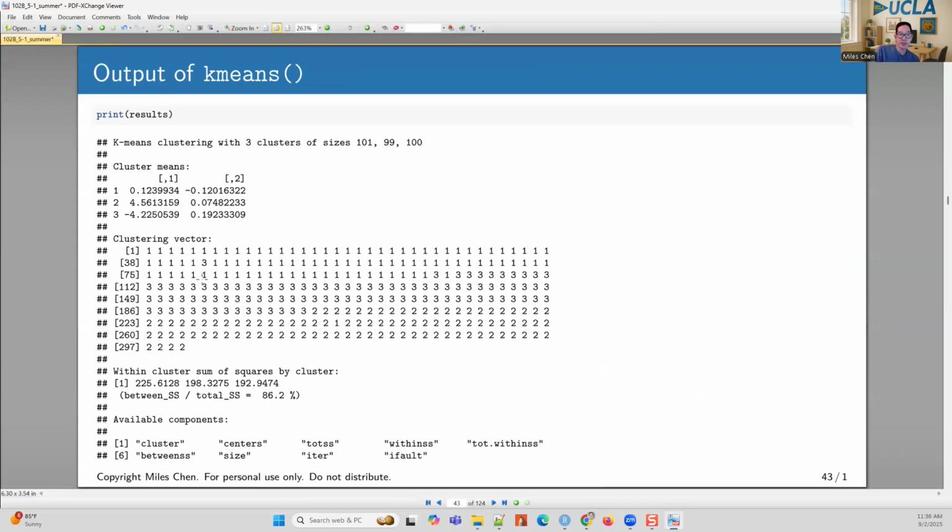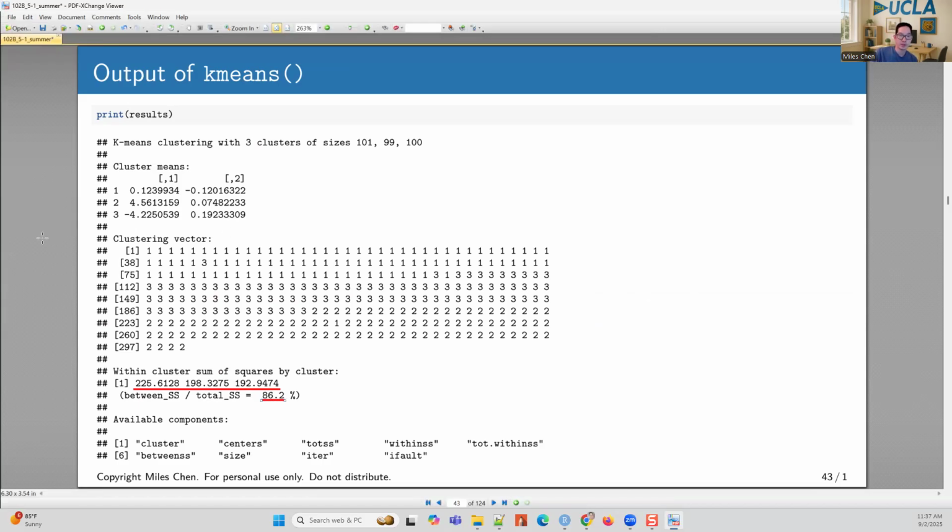And so this is revealed when you look at the results of the k-means function. You have this part right here that calculates the within cluster sum of squares, and you get this between cluster sum of squares divided by the total sum of squares. Okay, and so this is almost like an R squared value. 86.2% is almost like the R squared value.